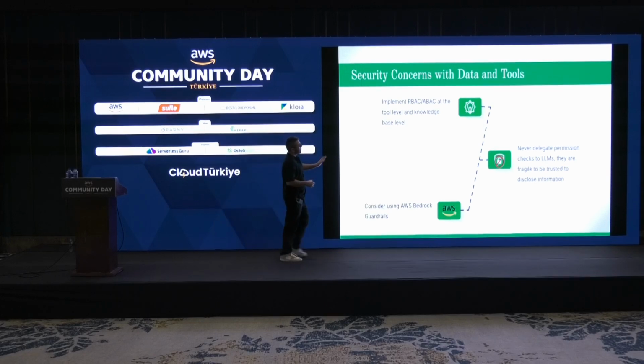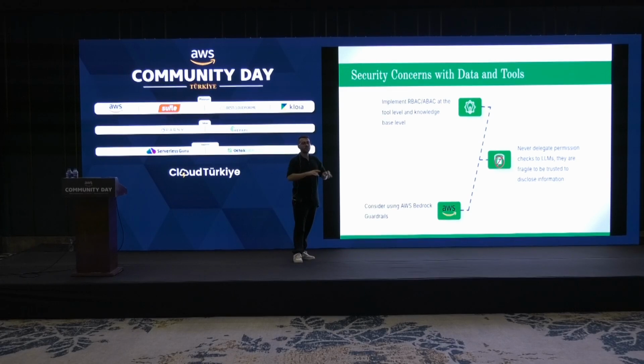So what we did in most of our deployments is introduce RBAC checks, role-based authorization checks, similar to AWS IAM, so that the LLM can only leverage tools that it has access or permission to, okay? And never delegate this kind of permission logic to the LLM.